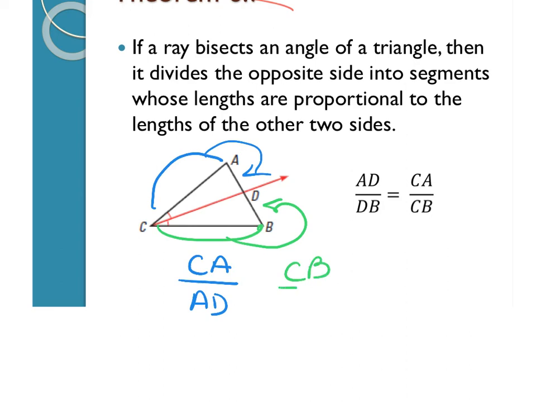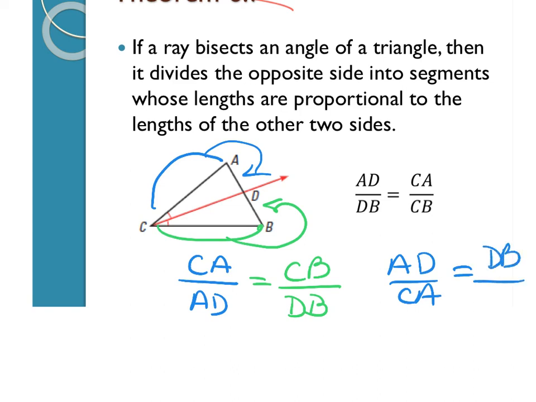So CB over DB. Cross multiply and divide. You could reverse it if you'd rather put the piece on top over the side, and then the piece on top over the side. Either way, all of these will give us the same answer.